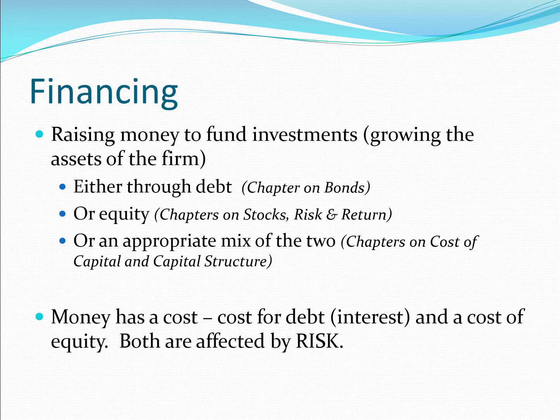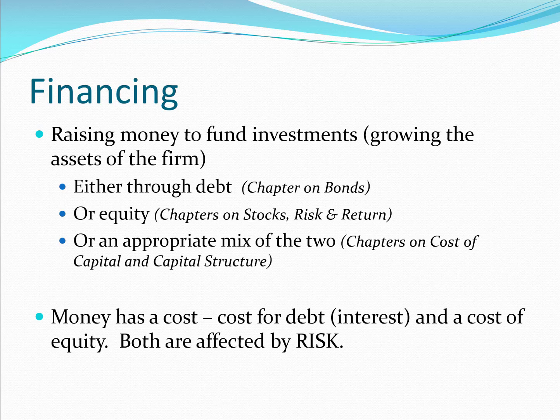So again, we're going to have a chapter on stocks as well as a chapter on risk and return. Both of these deal with the notion of equity. And then also we're going to be thinking about an appropriate mix of both debt and equity. And so we'll examine some chapters on cost of capital and capital structure, at least the notions involved there.